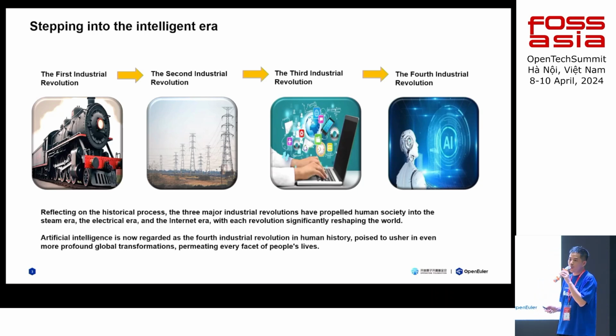And now we are entering the fourth industrial revolution. The AI industrial revolution will change our lives maybe more deeply. It will change our interaction with our phone, our laptop, or our car, and other things we will use and face every day.